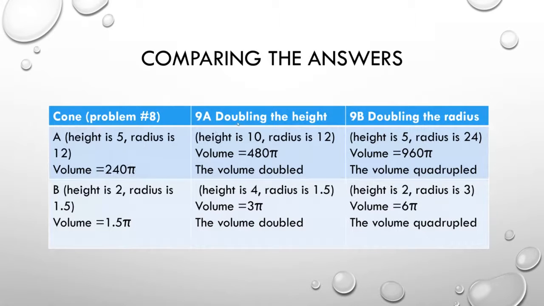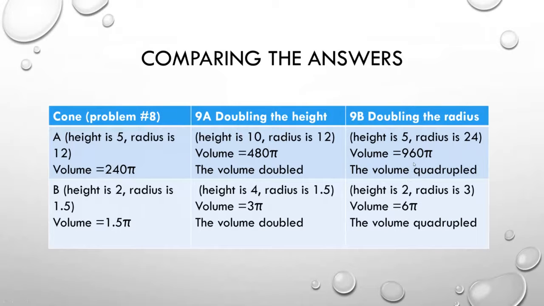If we double the height but leave the radius alone, we find the volume is 480 pi, and the volume was doubled. If we look at the cone from part B, the original cone had a volume of 1.5 pi cubic units. If we doubled the height, we found that the new volume was 3 pi cubic units, and so again the volume was doubled.